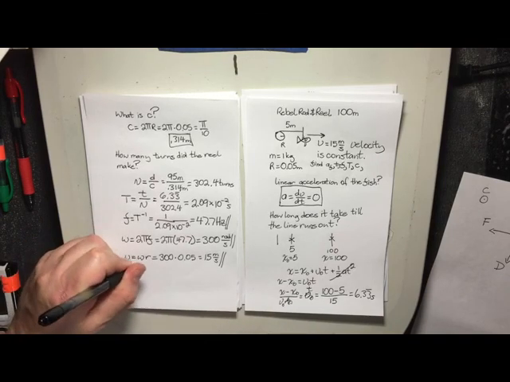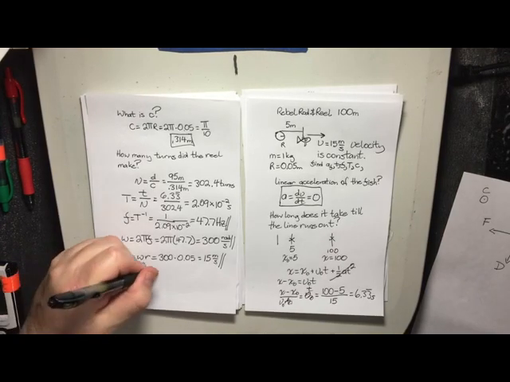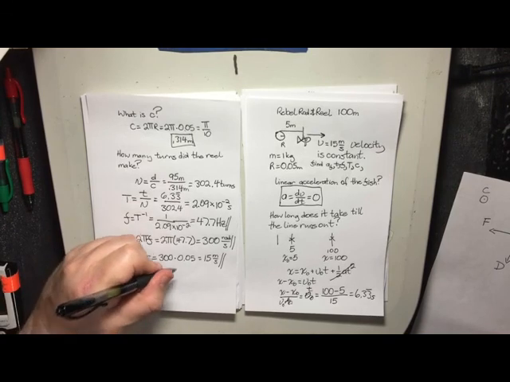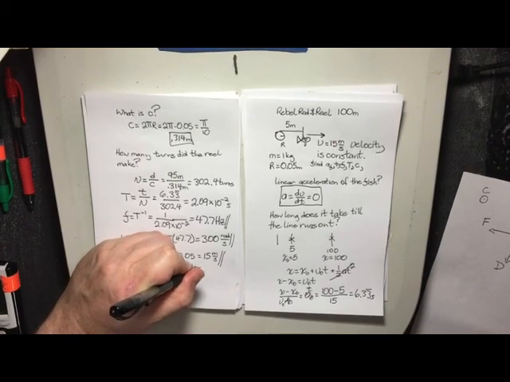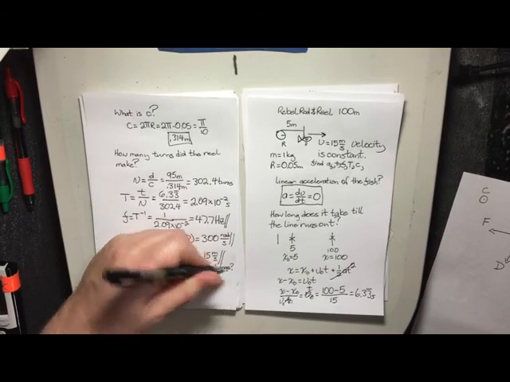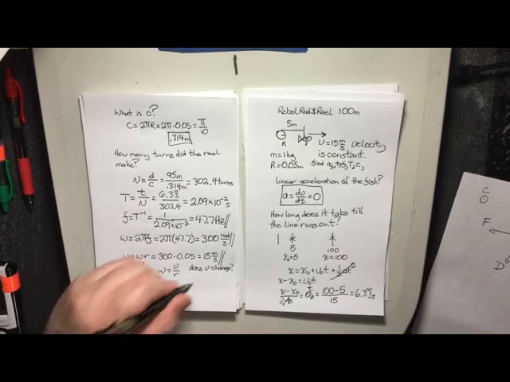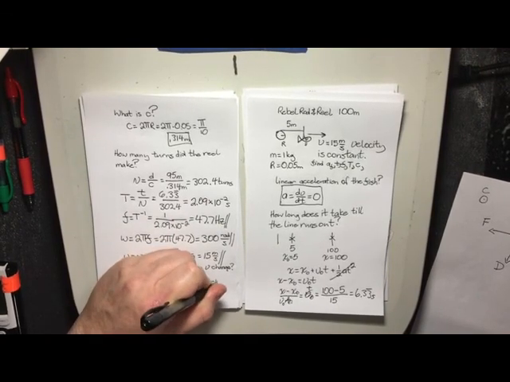Now here's an interesting question. What's alpha? Say it with confidence. Fill the room. 0. It's 0. Let's find out why. Omega is V over R. Does V change? Does V change in this? No, it does not. Does R change?